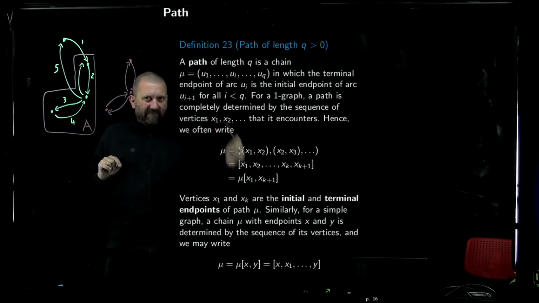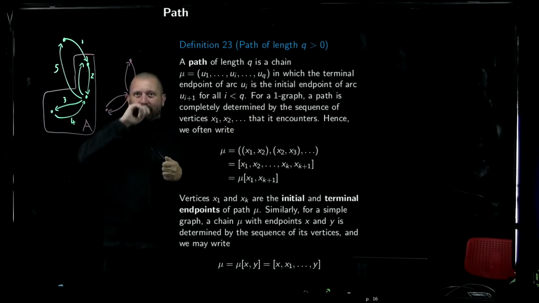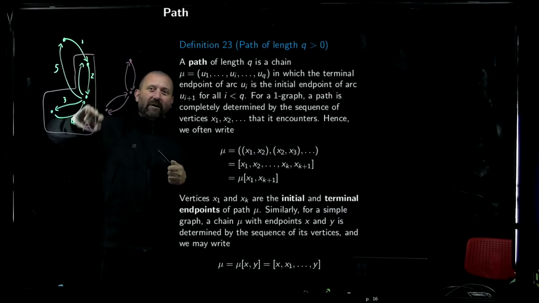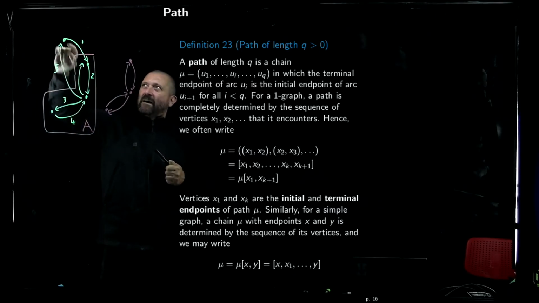It's a chain that I'm following. But because I've got only one arrow in each direction, I can also say that path is actually going through this, and this.